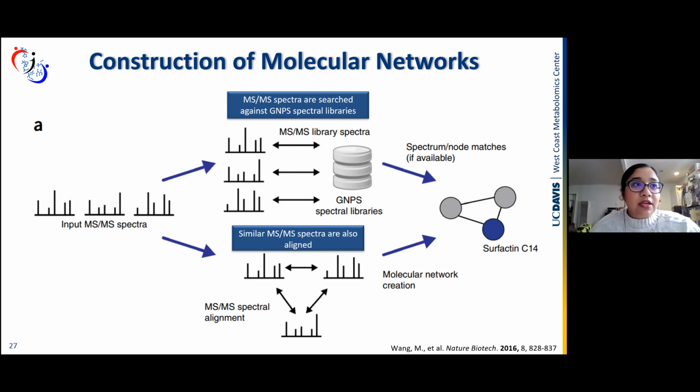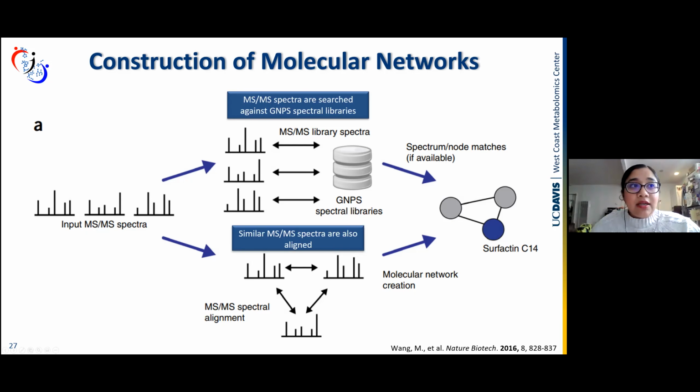So what you see here in this gray node, this is an unknown from your data. This other gray node is another unknown, but it's aligned and it's in a network with this compound, a surfactant, C14.